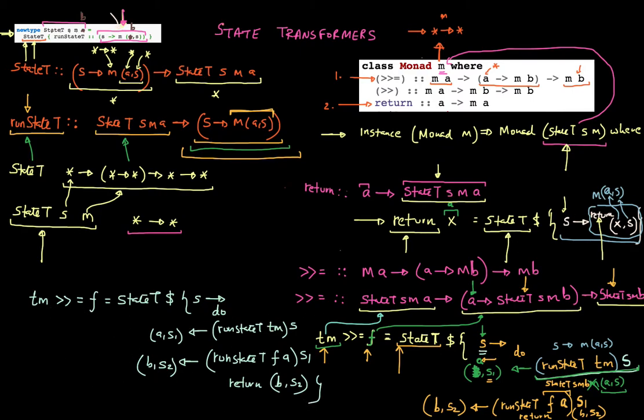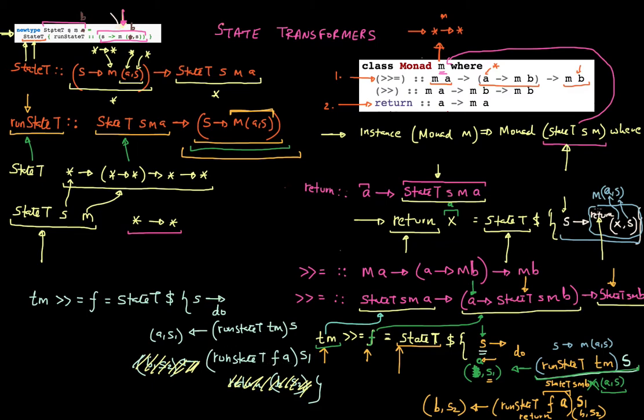But what I can do is just get rid of this piece here, because all I'm doing is whatever is runStateT of f of a.